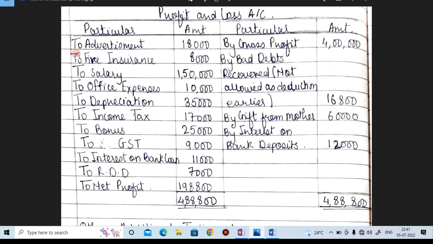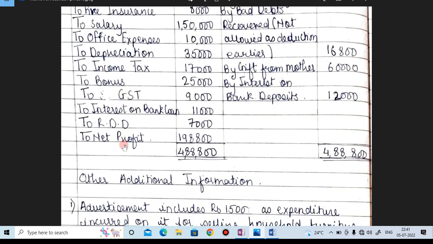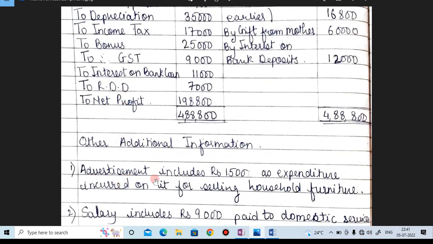Now what is the advertisement? Advertisement is how much? 18,000. Now this advertisement is related to business expenditure, but here there is an adjustment on advertisement. What is given?